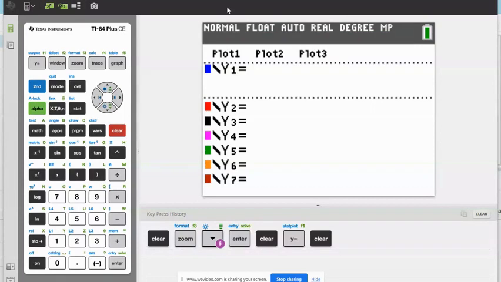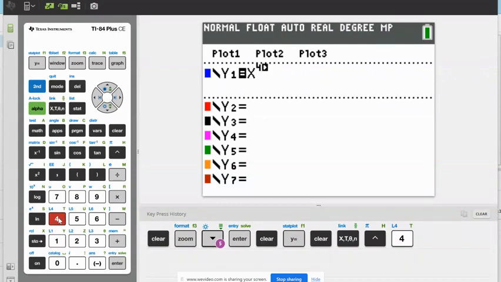All right, so we have x to the fourth power. The way you get the fourth power is you're going to press this little up arrow. So you press x. X is right under mode. Then you press that little up arrow, which is right above the division sign. And then you do 4.